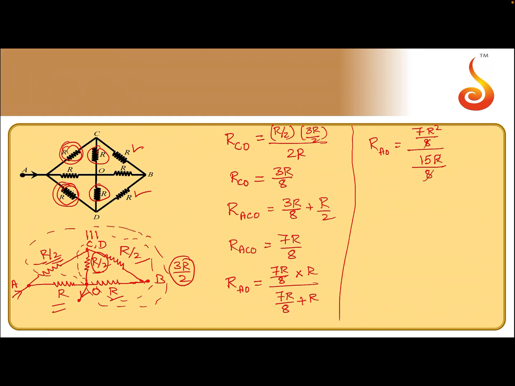So 8 gets cancelled, R gets cancelled. So it will be 7R by 15. So this should be the equivalent resistance between A and O.